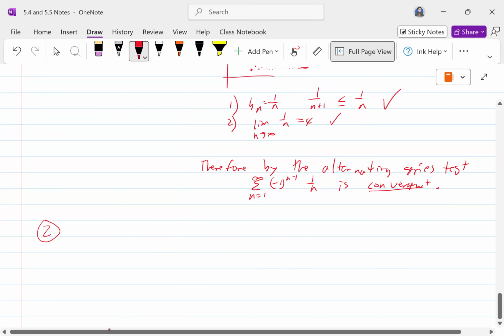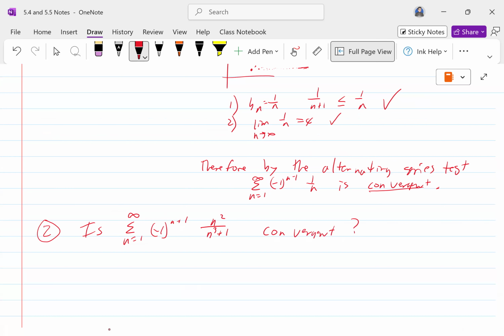Okay, let's do another one. Is the sum n equals 1 to infinity of negative 1 to the n plus 1 this time of n squared over n cubed plus 1 convergent? Can I prove that this is convergent? Let's look at the criteria. This alternates, obviously.